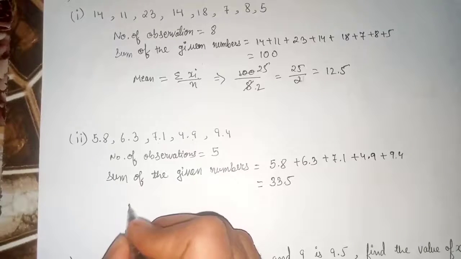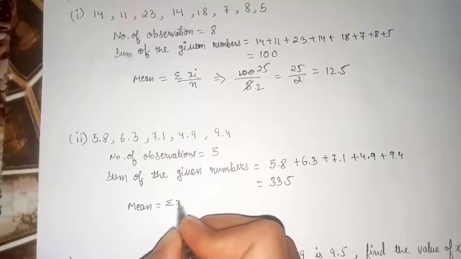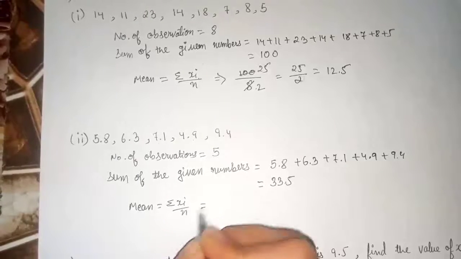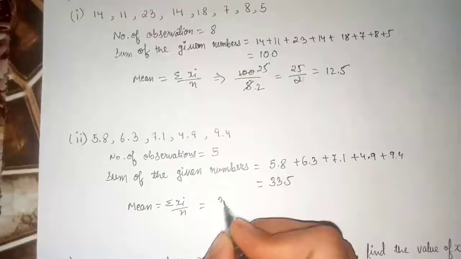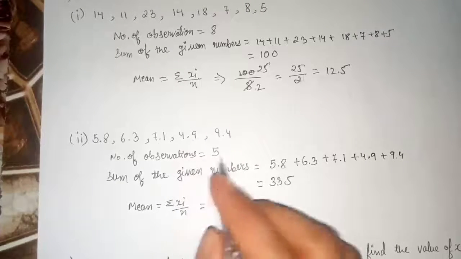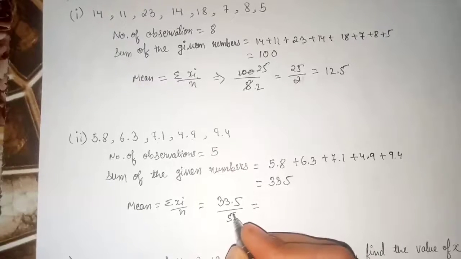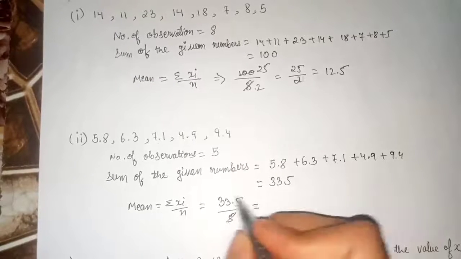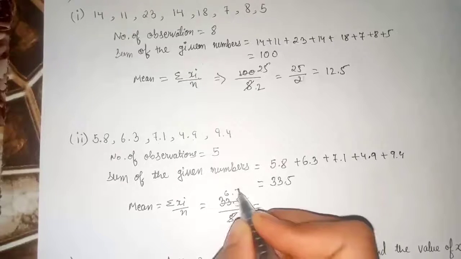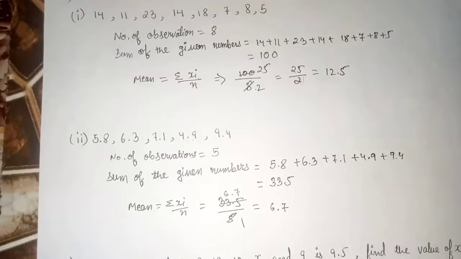So now we will apply the formula of mean. Mean equals summation of xi by n. So summation of xi is here 33.5 by 5, number of observations is 5. So then we will cut this. 5 ones are 5, 5 6s are 30, and so 6.7 is our answer.